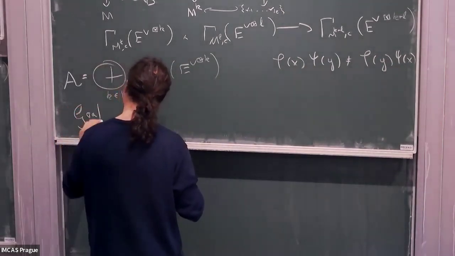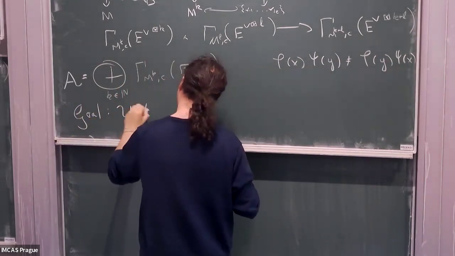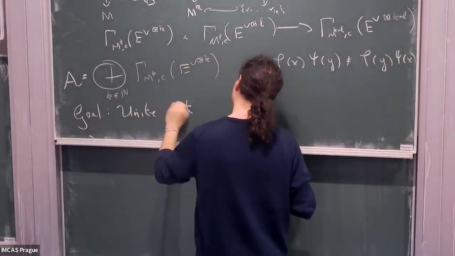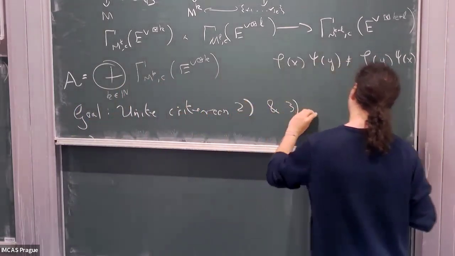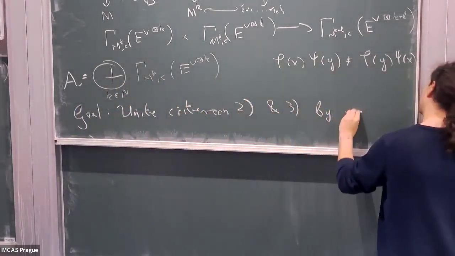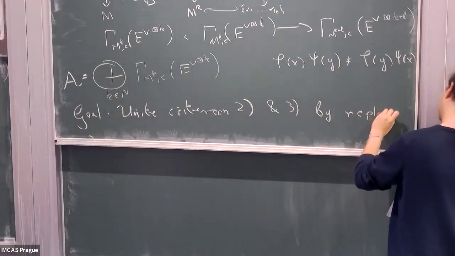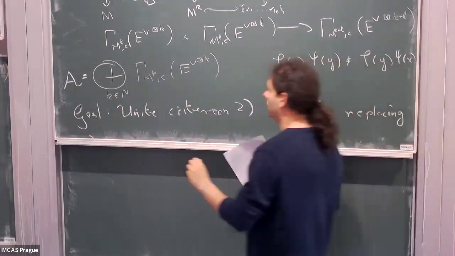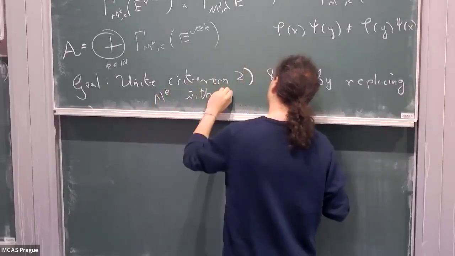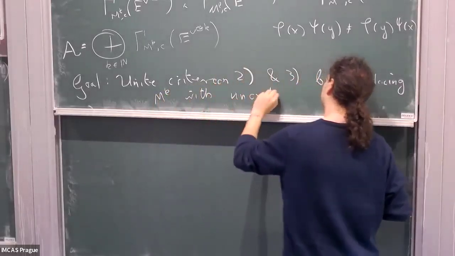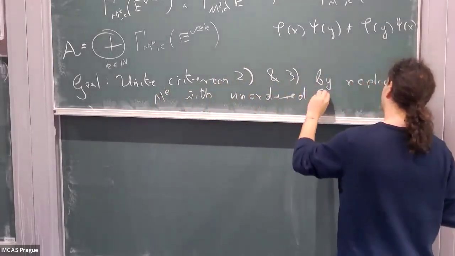Goal: unite criterion 2 and 3 by replacing M to the power k with unordered configuration spaces.